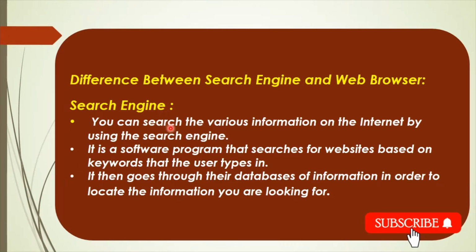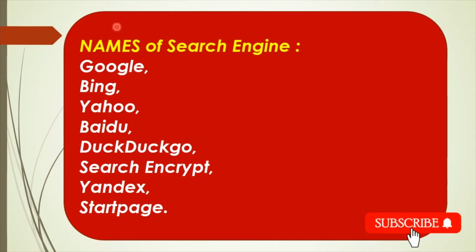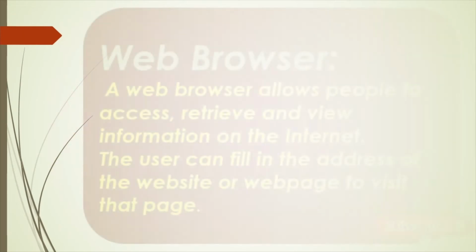So this is what a search engine is. I hope you understood. Now, names of search engines. First one, Google, that we are using daily, Bing, Yahoo, Baidu, DuckDuckGo, Search Encrypt, Yandex, Start Page. These are a few of the search engines.